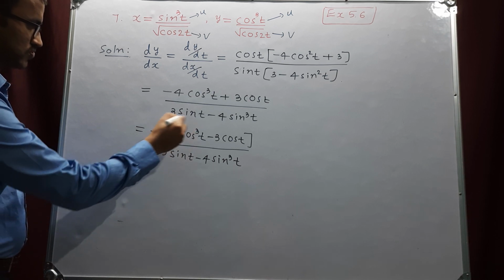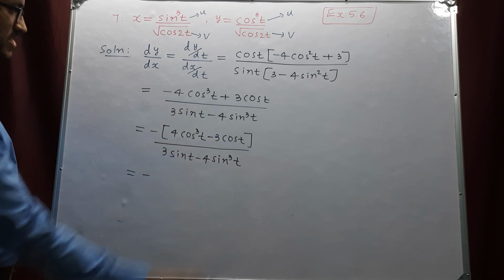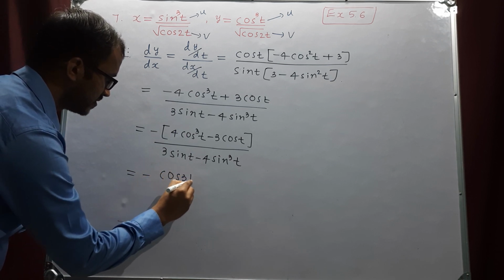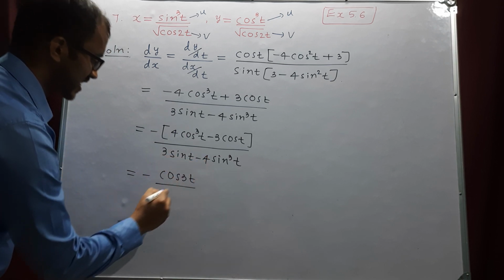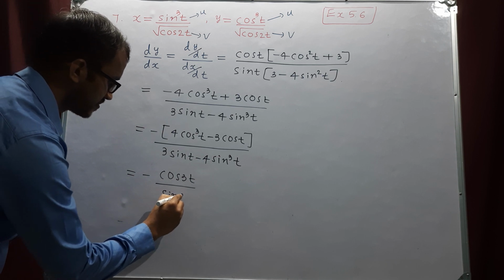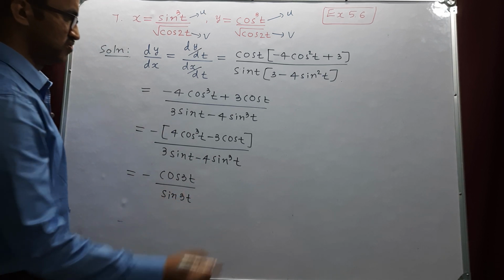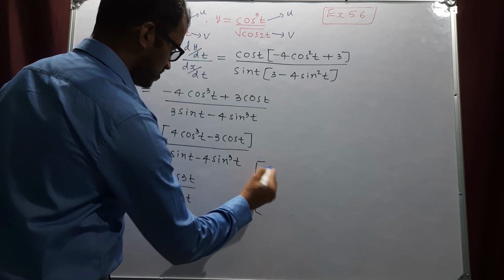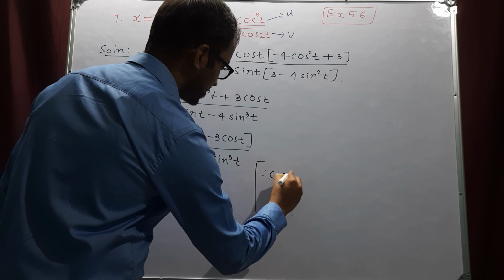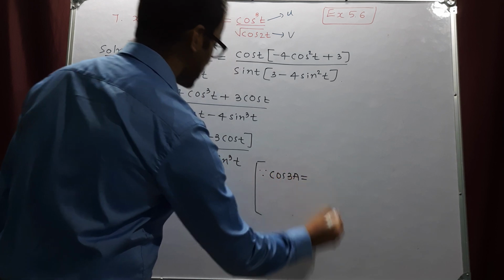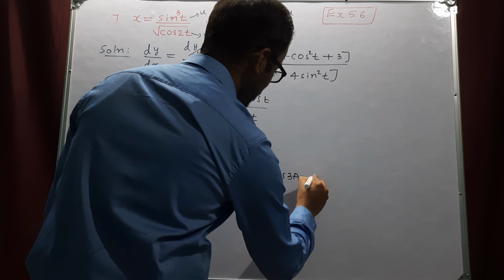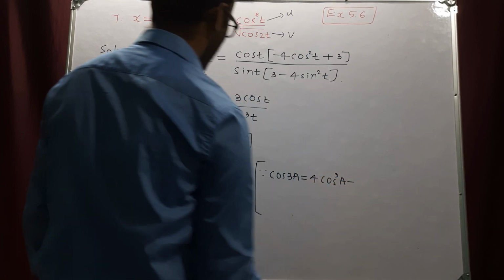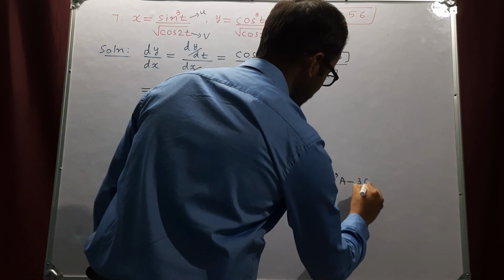That is equal to, so this is nothing but, I can write this as cos 3t. So this is sin 3t, because we know that cos 3a is nothing but 4 cos cube a minus 3 cos a.